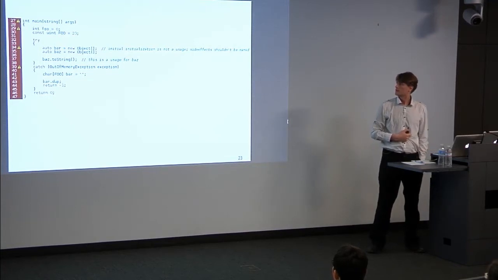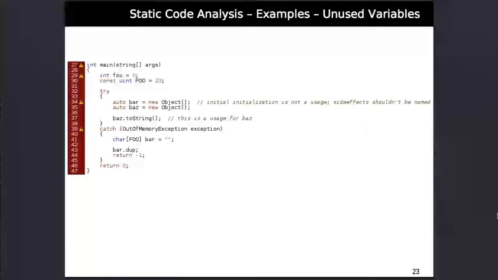As we have a huge code base and do many refactorings on our code, it sometimes happens that we have unused variables. We do not use one parameter anymore, or we are not using a variable anymore. For this, we also want an error message. So you have here the int main, which gets arguments, but these arguments are not used.